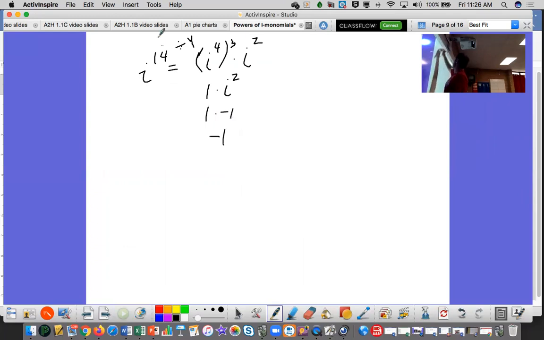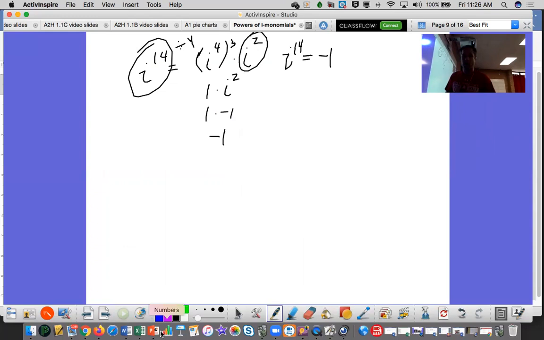So i to the 14th equals negative 1. What we can do is just think of it as dividing by 4 and looking at the remainder. 4 goes into 14 3 times with 2 left over. Let's just find the power of 2 that we want in our sequence of i's, remembering that i squared is negative 1. i to the 14th is negative 1.